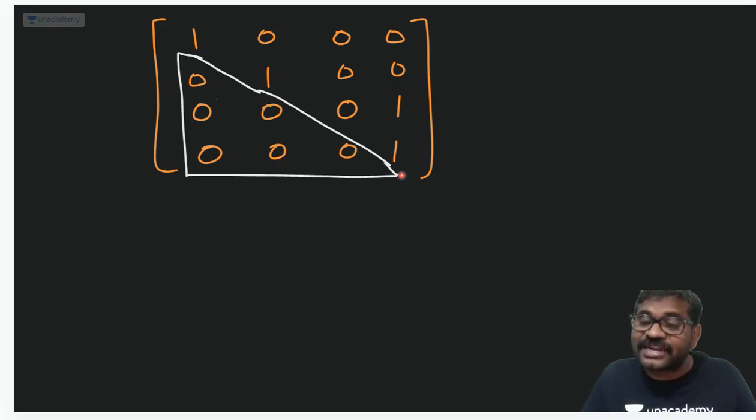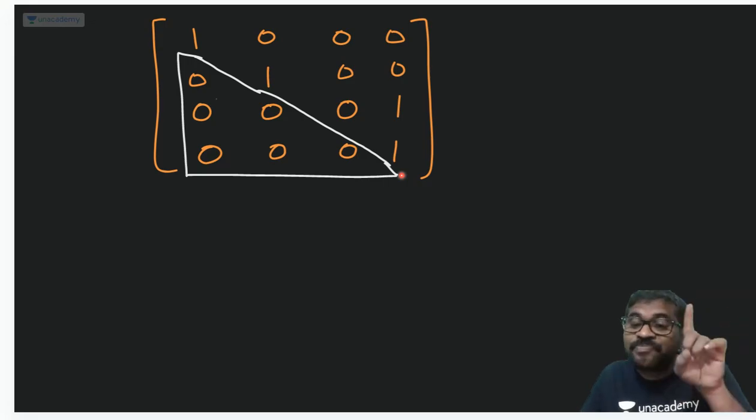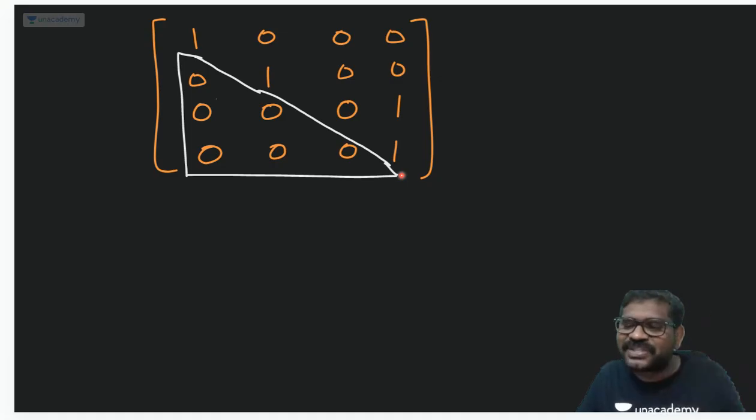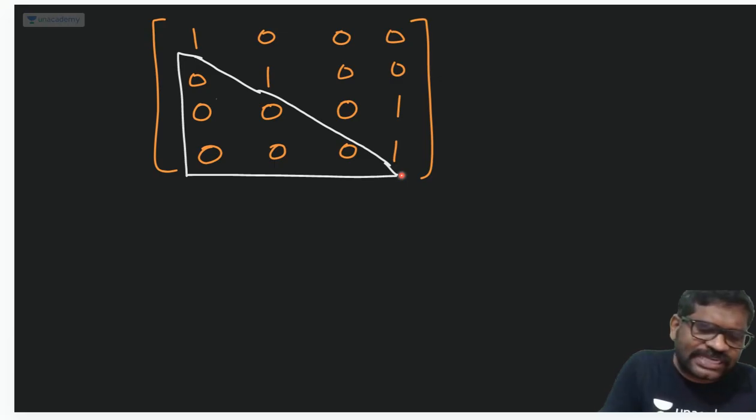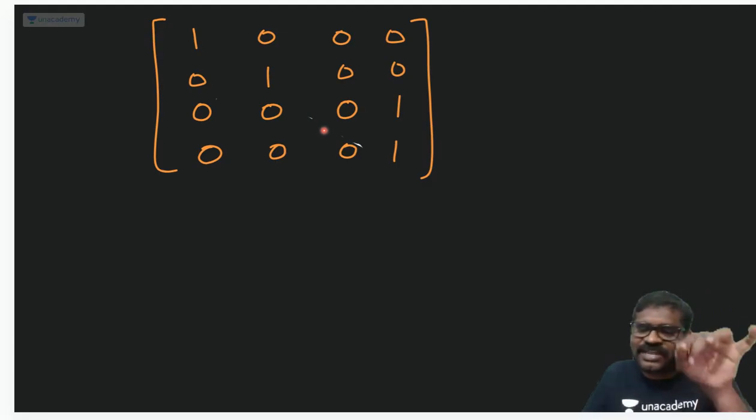I said if you reduce all the elements covered by the right angle triangle to 0, it satisfies the first condition of echelon form. Catch my point? Sir, all the elements covered by the right angle triangle are 0, can we say the matrix is in echelon form? You can't say. You have to check one by one, step by step, whether it is satisfying the condition or not.